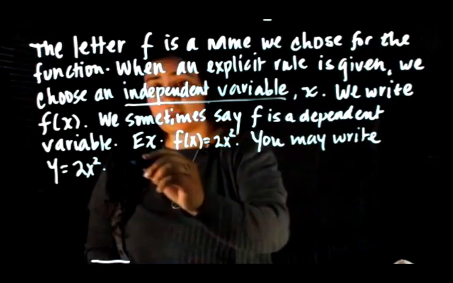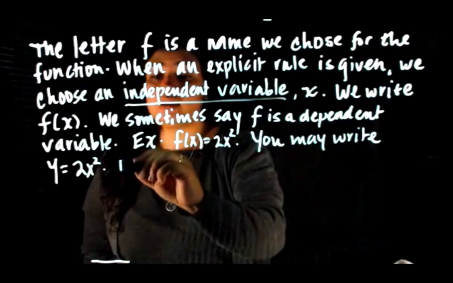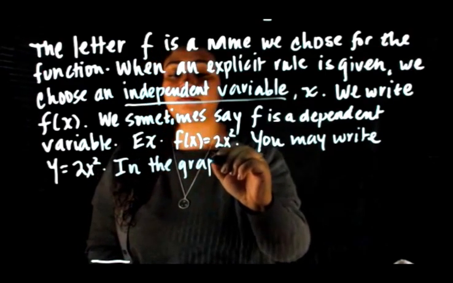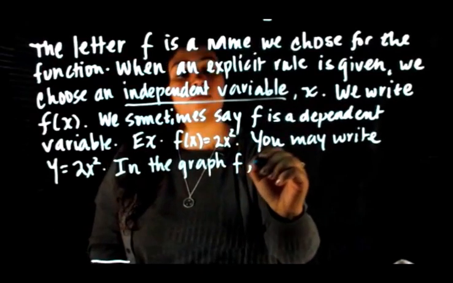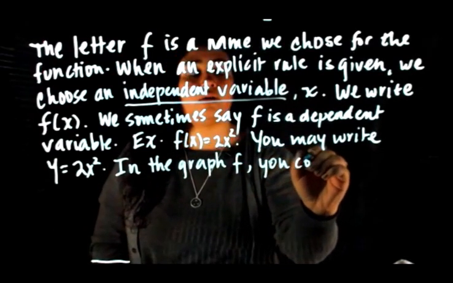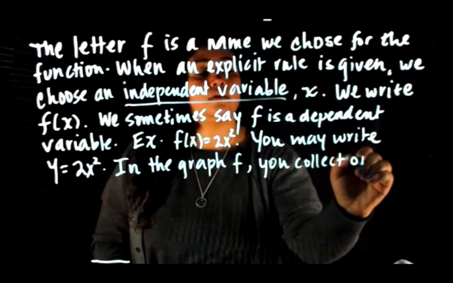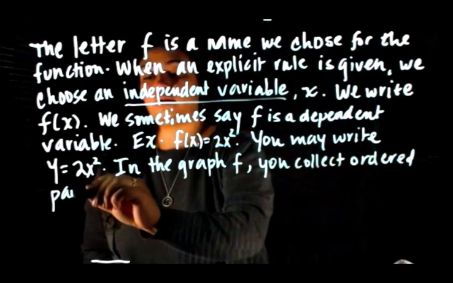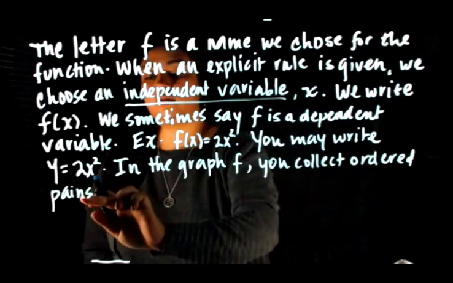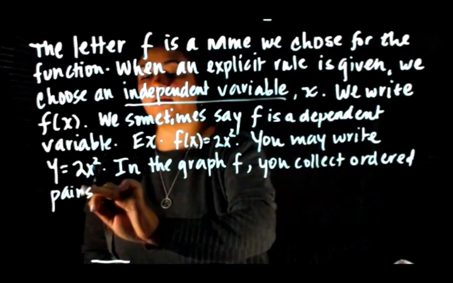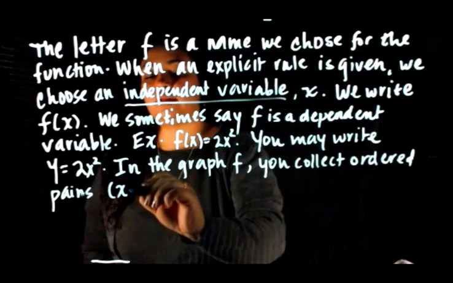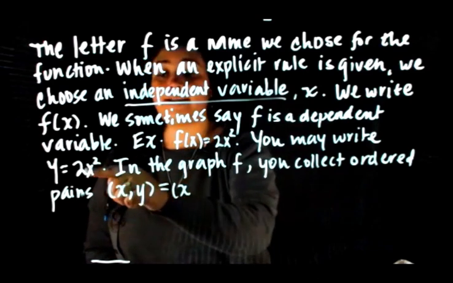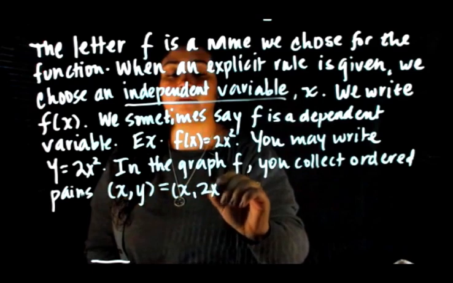And remember that in the graph of f, you collect all ordered pairs x, y, where y is equal to 2x squared.